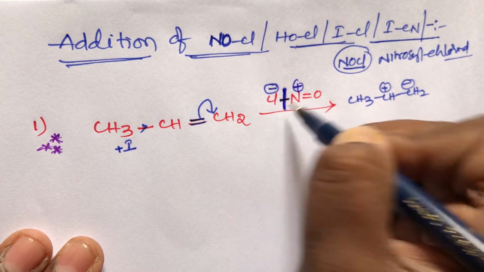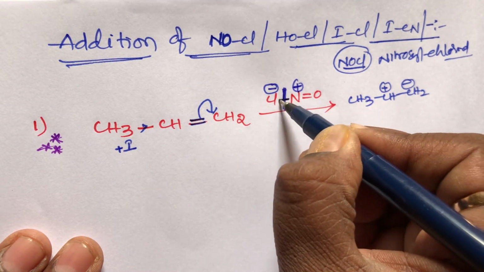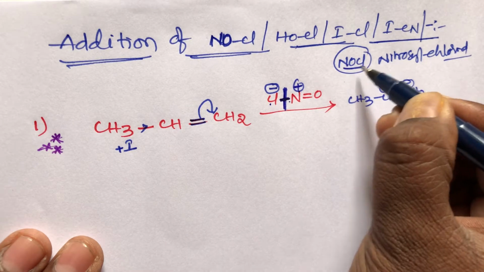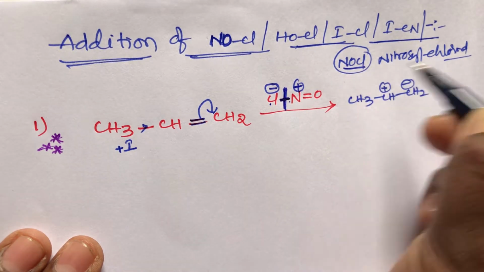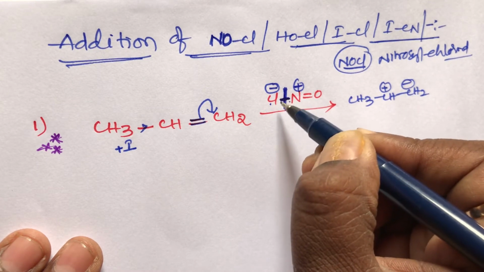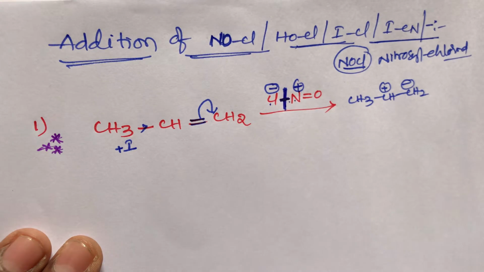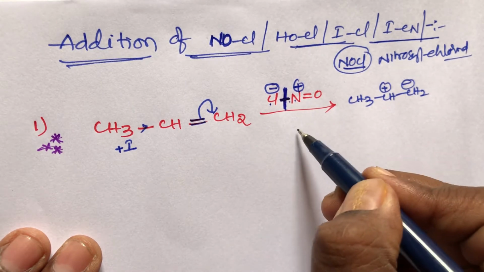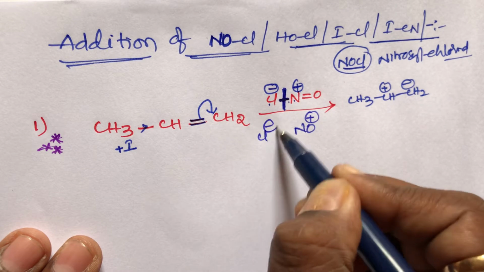The bond breaks between Cl and nitrogen, not oxygen. So the NO plus is the electrophile and Cl minus is the nucleophile.